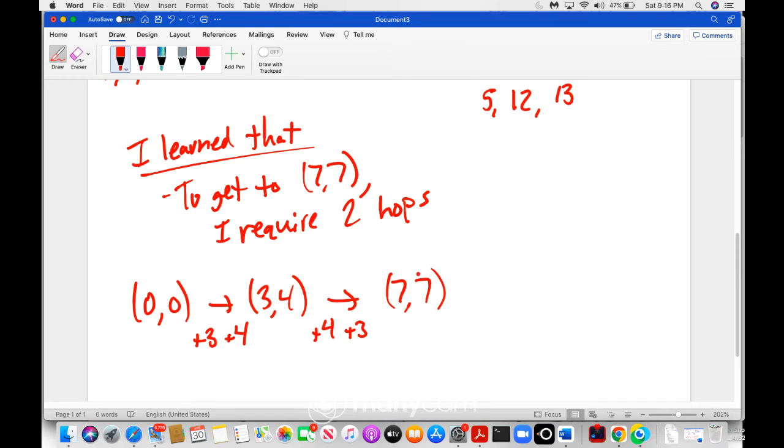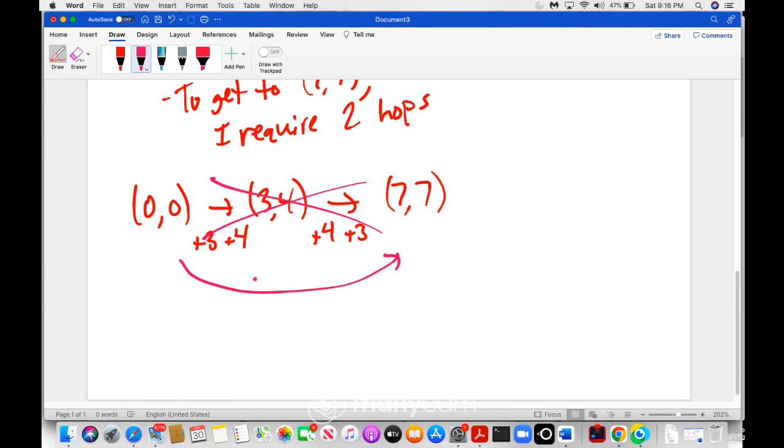But I don't have to write this every time, so I'm going to split the middleman and just say I'm going to go directly from 0, 0 to 7, 7, and we all know that takes 2 hops. Likewise, I can go from 7, 7 to 14, 14, and that will take another 2 hops.